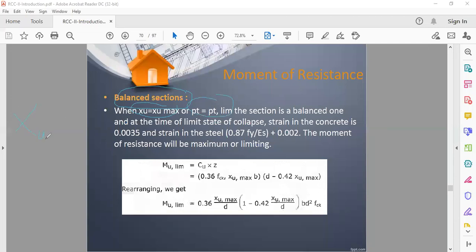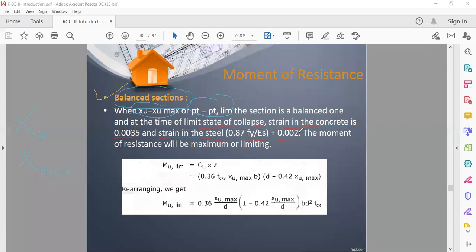As we have seen, if Xu and Xu max are equal, then we can say it is a balanced section. We have seen that at the limit state of collapse, the strain in the concrete is 0.0035, and the strain in steel is 0.87 Fy by Es plus 0.002.